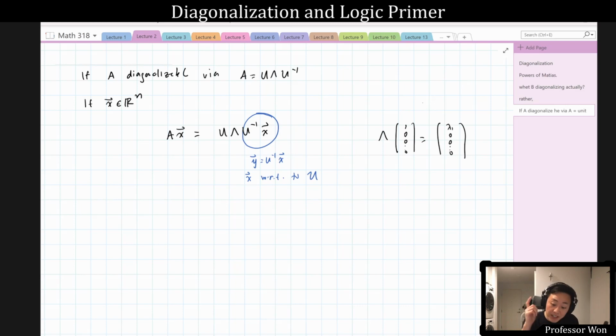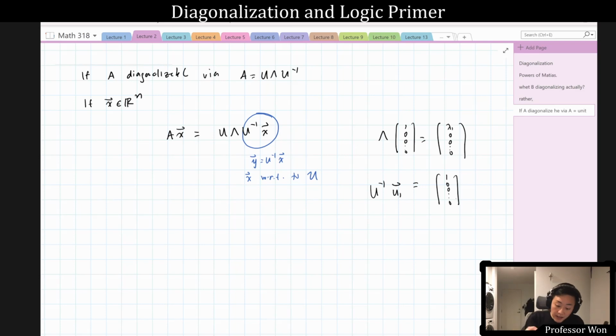So if you took the first basis vector of u, u1, and you applied u inverse to u1, you would get exactly 1, 0, 0, 0. Because the vector u1, if we were all living in the world where u was the basis, we would call it 1, 0, 0, 0. Then when you multiply by lambda, it just scales it. But of course it just scales it because u1 was an eigenvector of A. A just scales it.